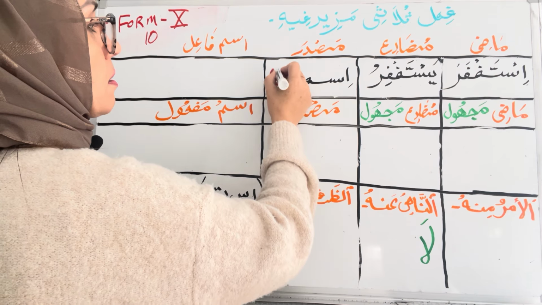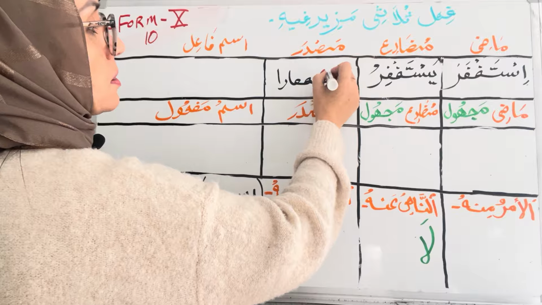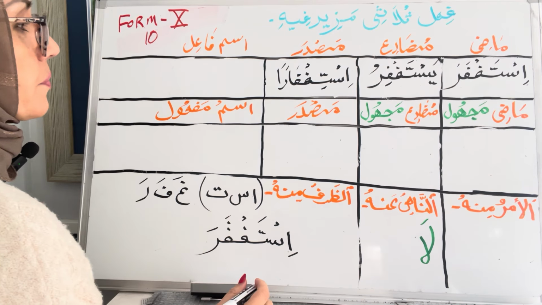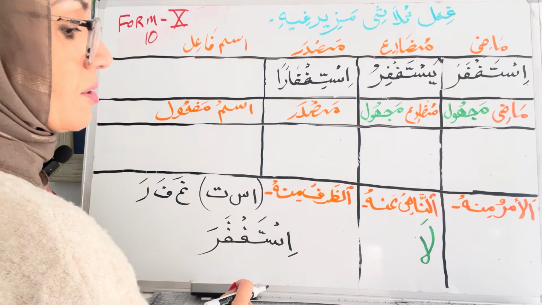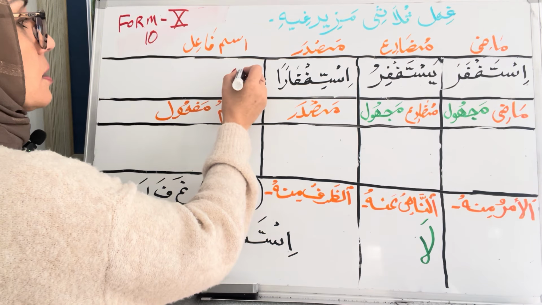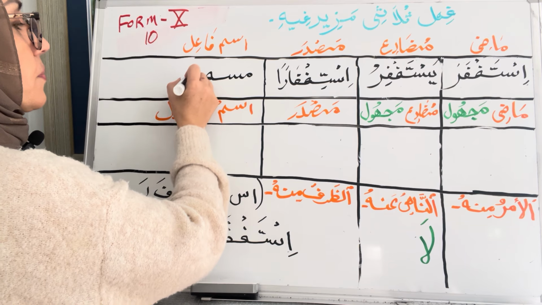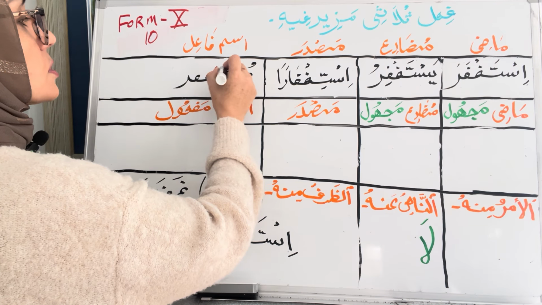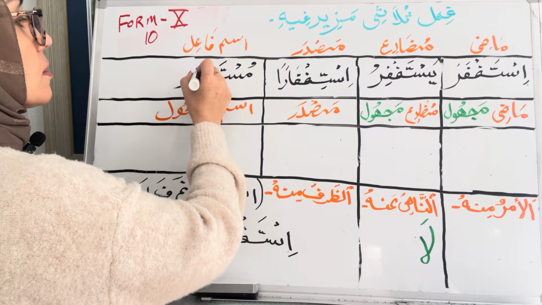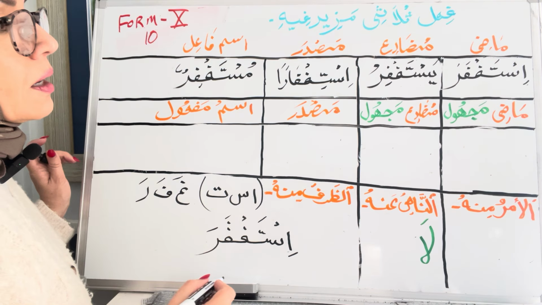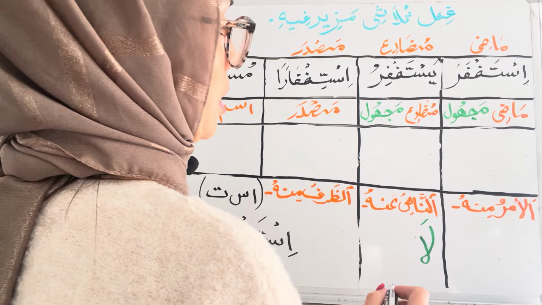And then the ism fa'il, mustaghfirun. Okay. Now let's do the passive past.